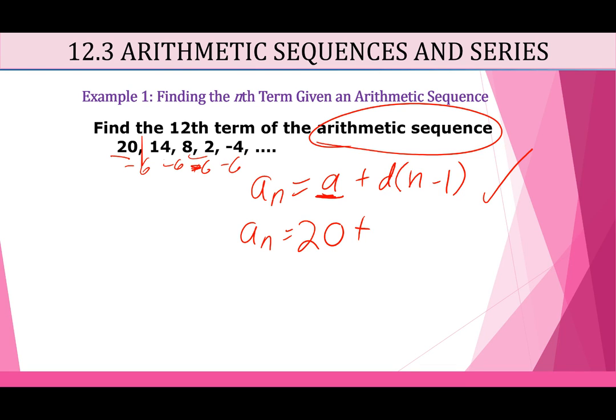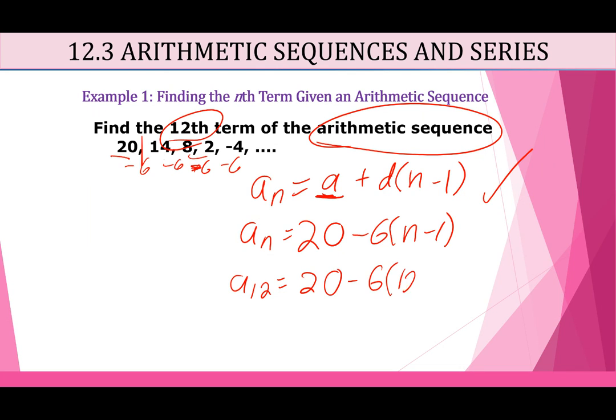So d is going to be minus 6. So instead of plus d, I'll have minus instead. So it'll be 20 minus 6 and then n minus 1. So that's the formula I can use for this. Now, if I'm looking for the 12th term, I'm going to plug that in for n. 20 minus 6 times 12 minus 1. And I'm going to type that in the calculator, and I'm going to see what I get.